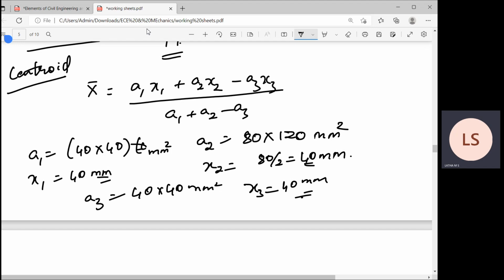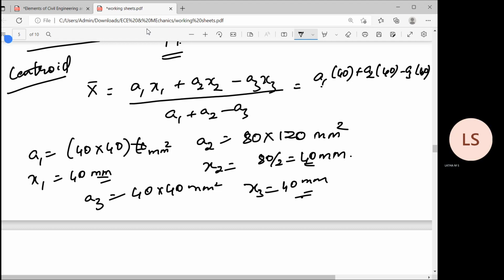So what could be x bar when I substitute here? X bar will be A1 into 40 plus A2 into 40 minus A3 into 40, divided by A1 plus A2 minus A3.